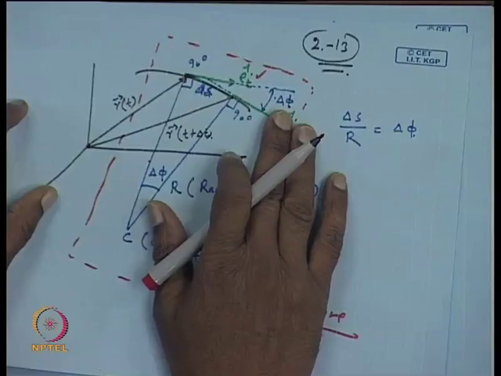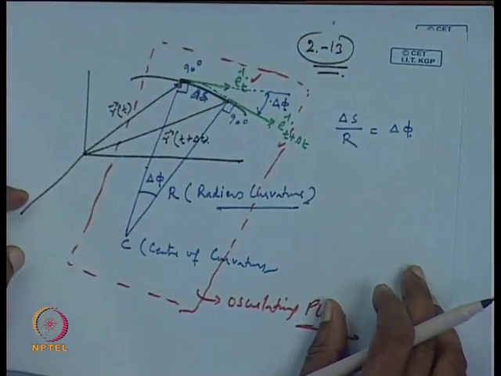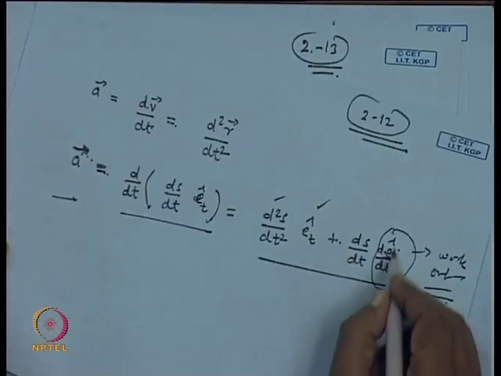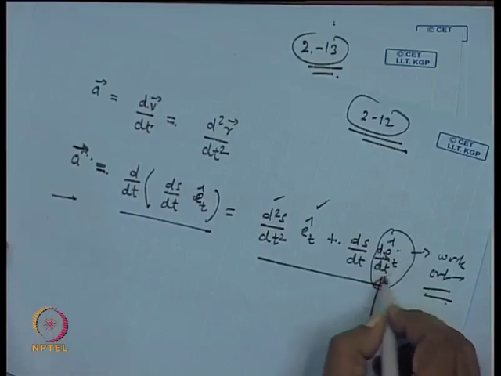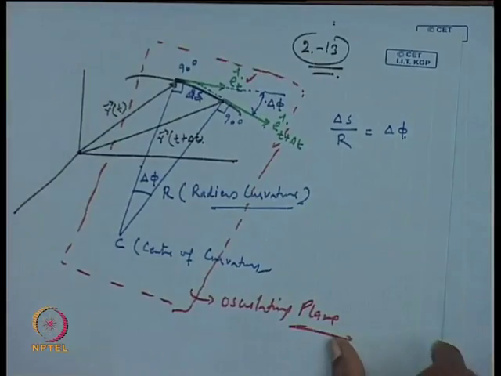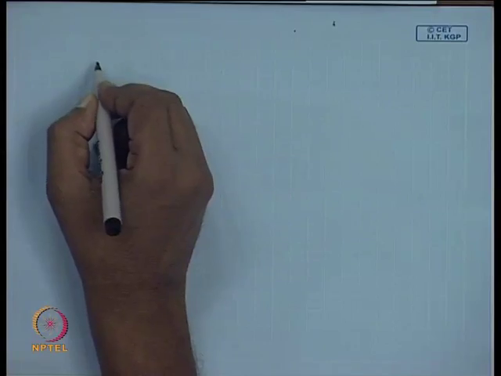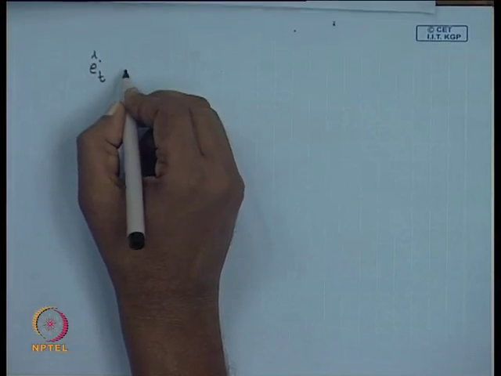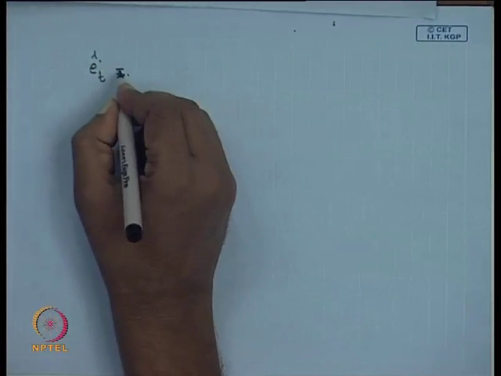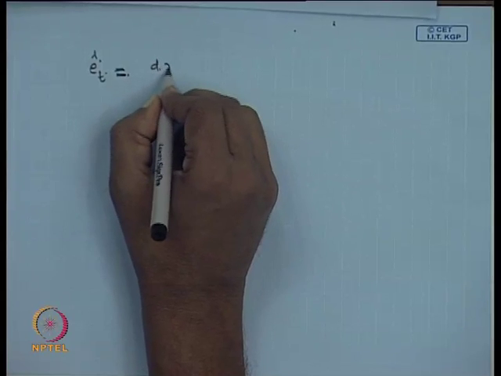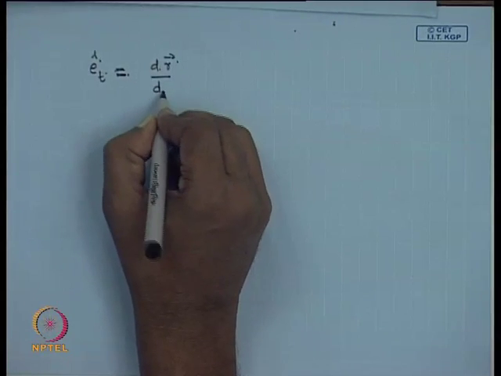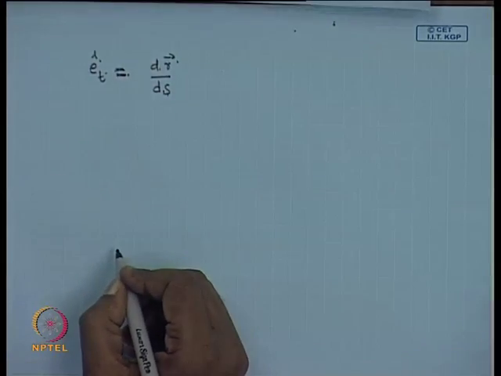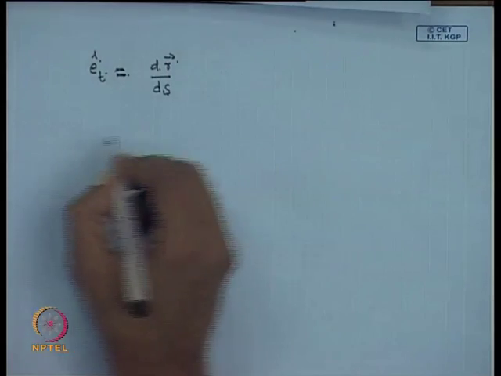So, now from here we can work out what we were looking for, this quantity d Et cap by dt. I have Et cap, which we have already worked out earlier can be written as dr by ds.